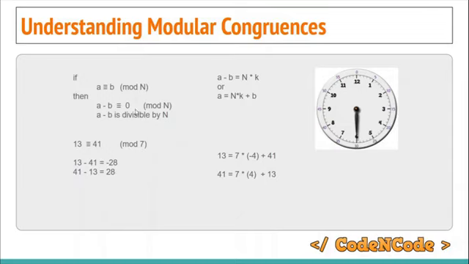So if two numbers are congruent to each other, you can write a equals n times k plus b, where n is the number under which we are working, or the number with which we are taking modulo. This is an important equation, just remember that. If a and b are congruent, they can be written in this form: a equals nk plus b.